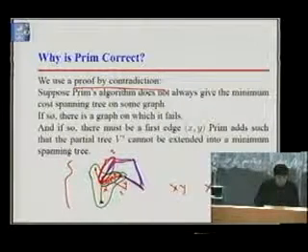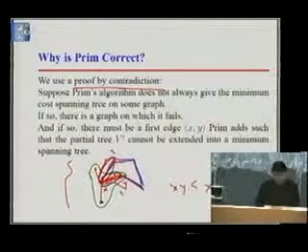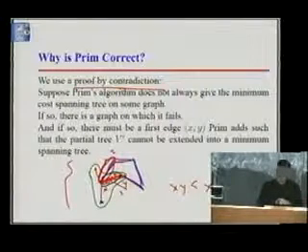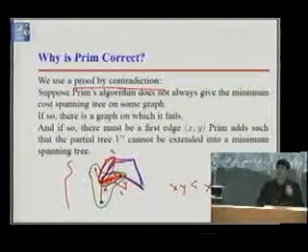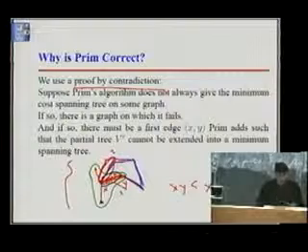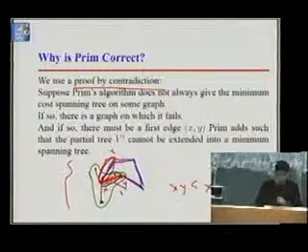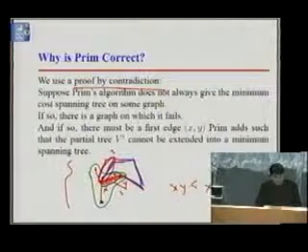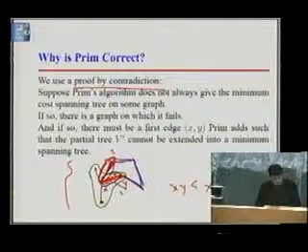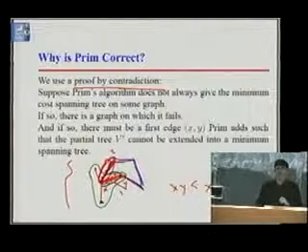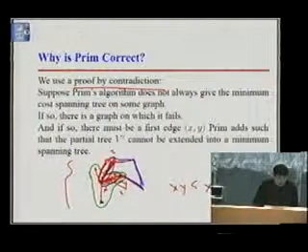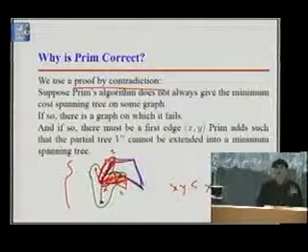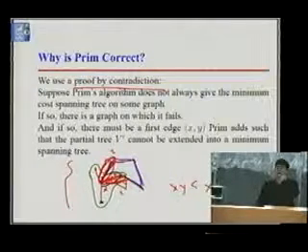Because this was less. So we know edge XY is less than that. So what do I now know? Suppose I take your tree and I delete edge XZ from it and insert edge XY. Is it still going to be a spanning tree?